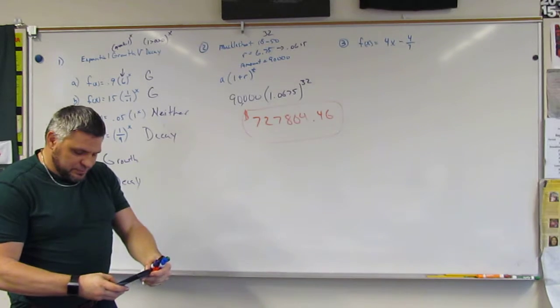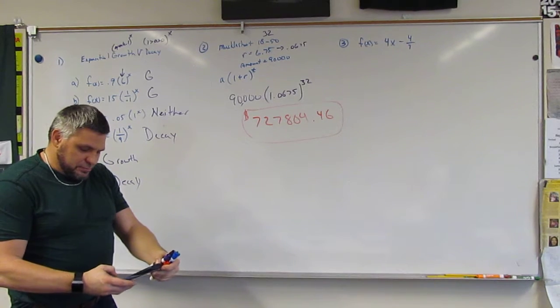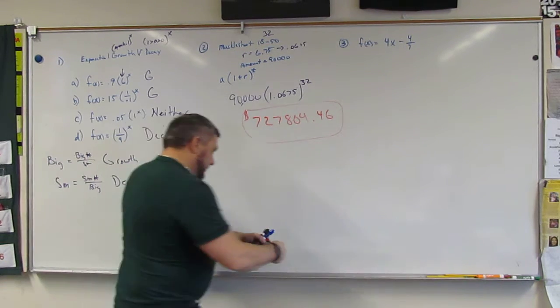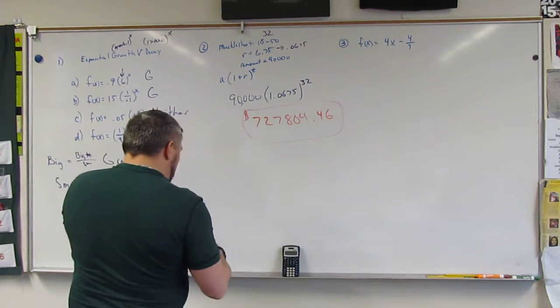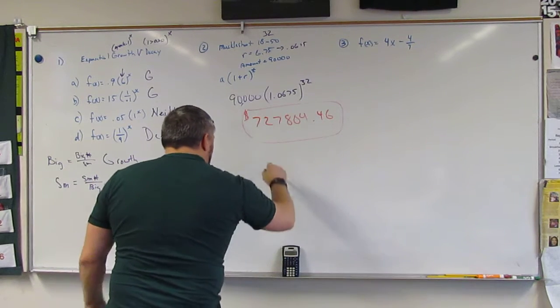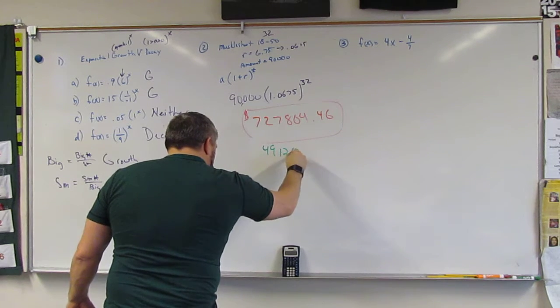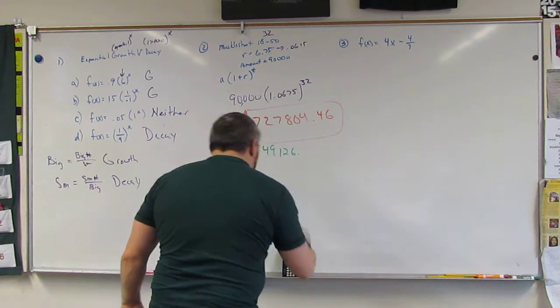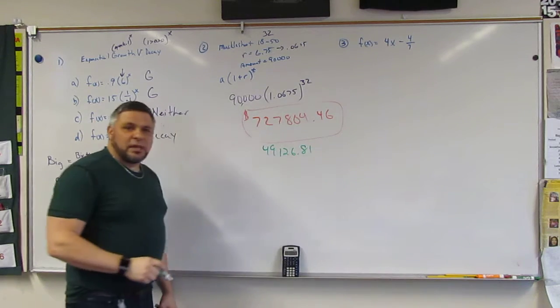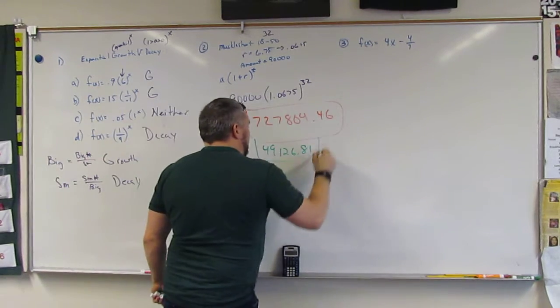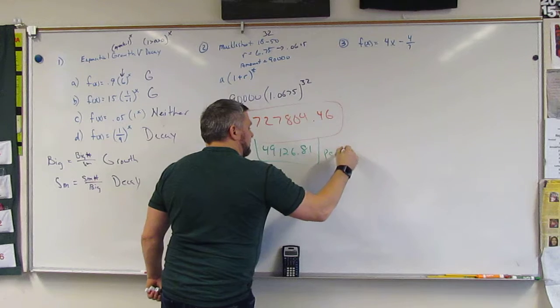Where'd the 7 come from? Oh, because you did 80,000, so that would be 49,126 and 81 cents per year. Divide by 12.